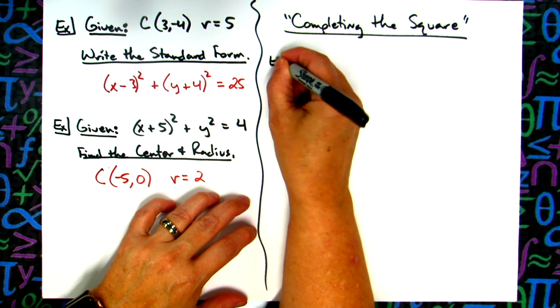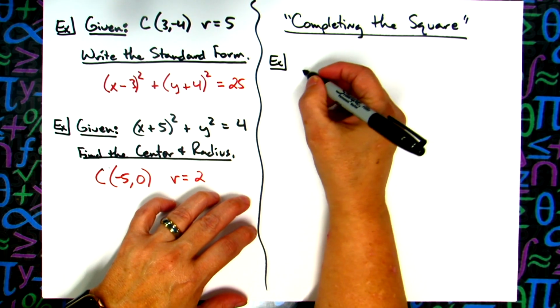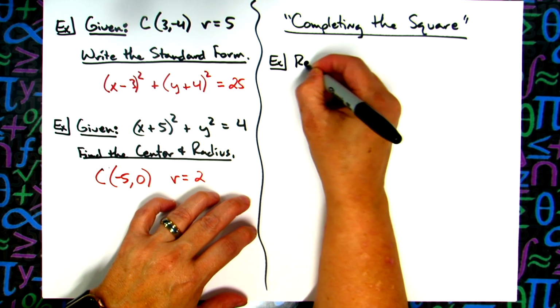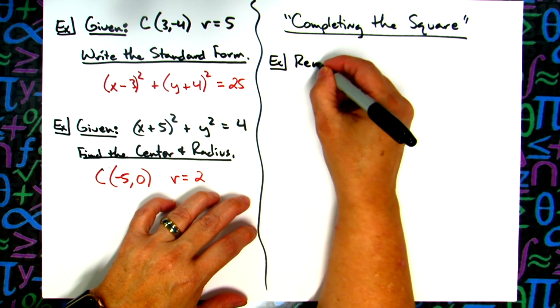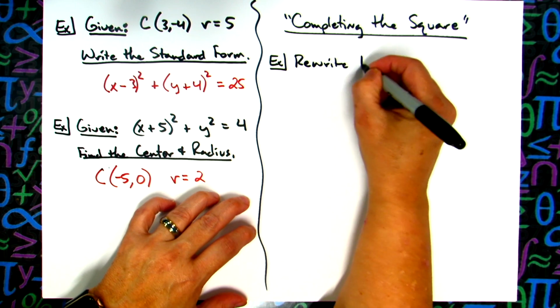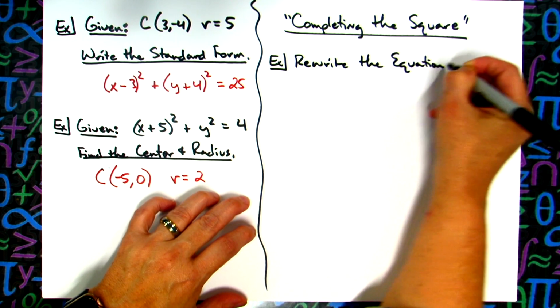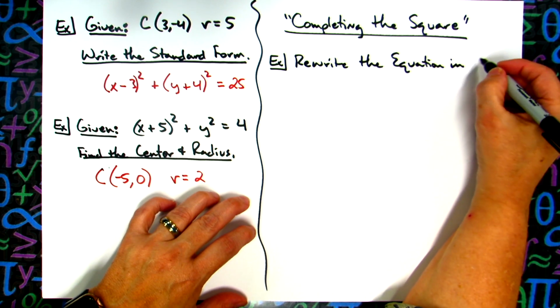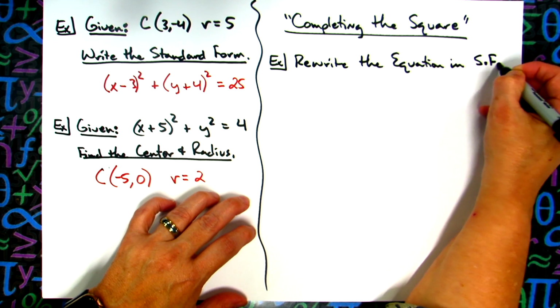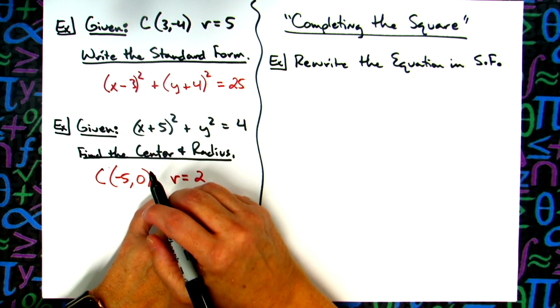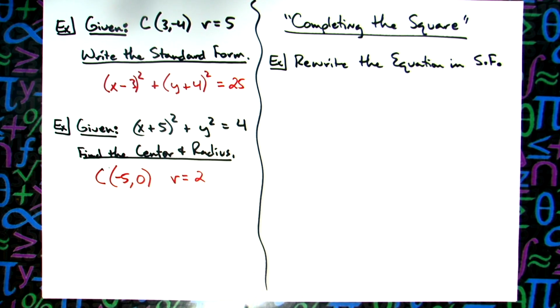So the question you're going to see is going to be something like, rewrite the equation in standard form, and I'm just going to write SF because I'm running out of room here. That's going to be your set of directions. So nowhere in that set of directions does it say use completing the square to come up with the answer. That's the part you have to be able to do.